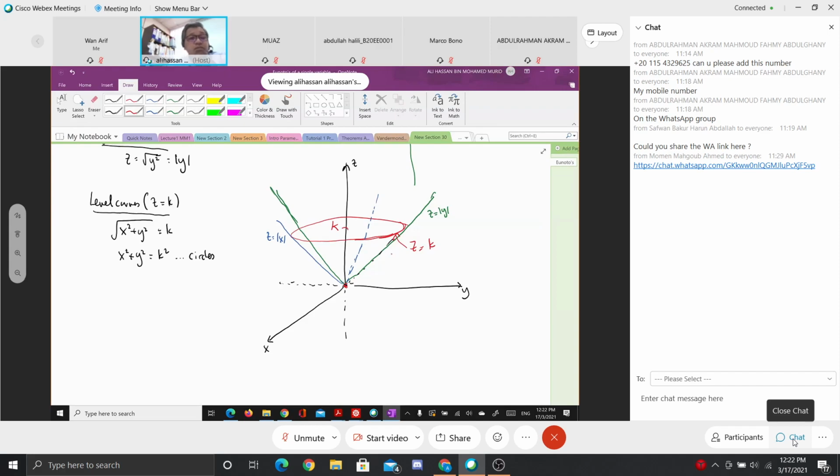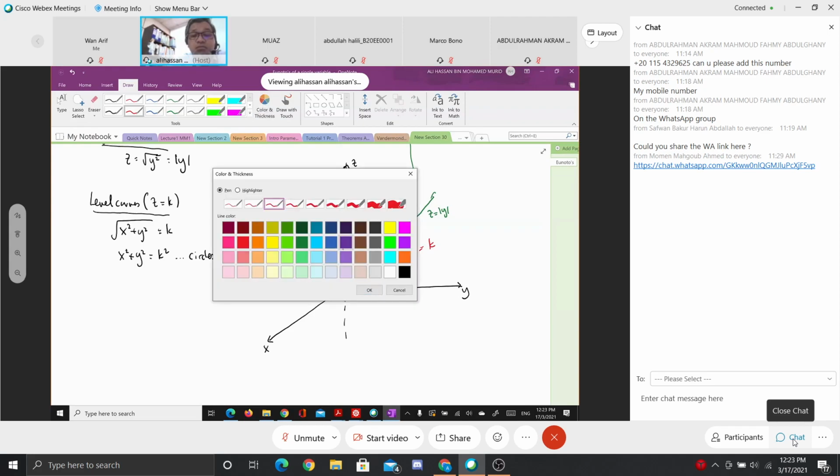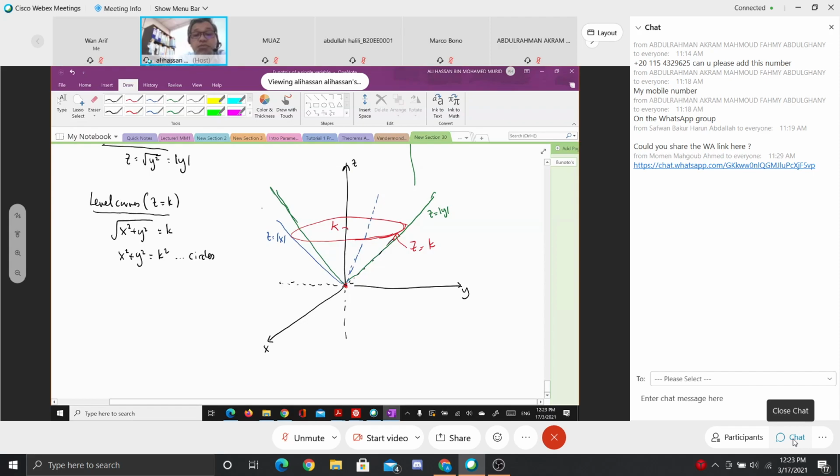So what do you think the surface is actually? It's a cone. Yes, it is a cone. So we have a cone here.